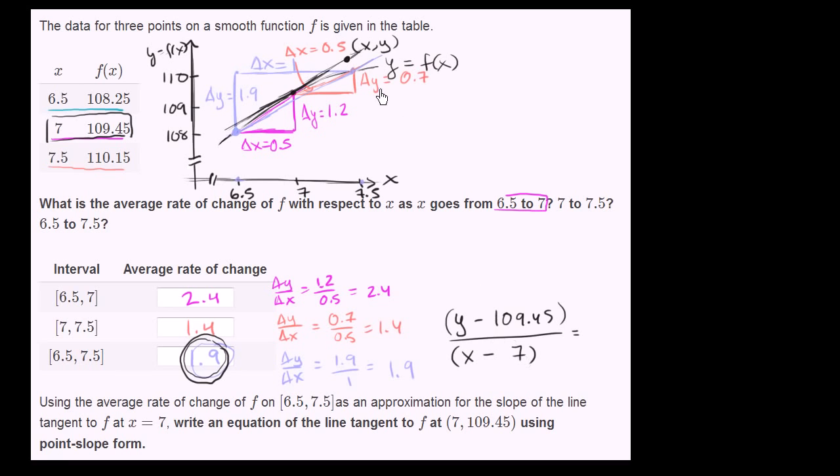And this is always going to be constant for any x, y that I pick on this line. And we're using this approximation for what that's going to be. That's going to be equal to 1.9. So if you want to put it in point slope form, you just multiply both sides times x minus 7, and you get y minus 109.45 is equal to 1.9 times x minus 7. And we are done. That is an approximation. We've approximated the slope, and if this was the slope, this would be the equation of the tangent line in point slope form.